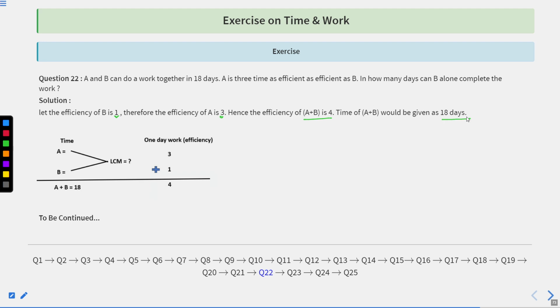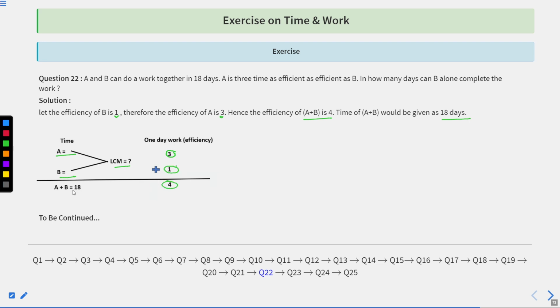So all this information we observed from the question. Now the time taken by A and B individually is unknown, so the LCM is also unknown, total work is also unknown. But we know the 1 day work done by A is 3 units, B does 1 unit, and combined they do 4 units.